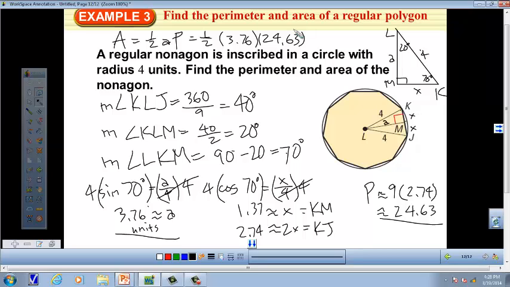And then I know that 3.76 is the same as 4 times sine 70, so I'm going to say times 4 times sine 70. If I do that, I get my answer, which is approximately 46.28 square units. So we'll say units squared.